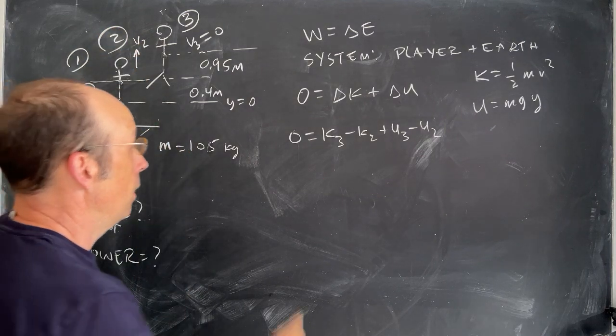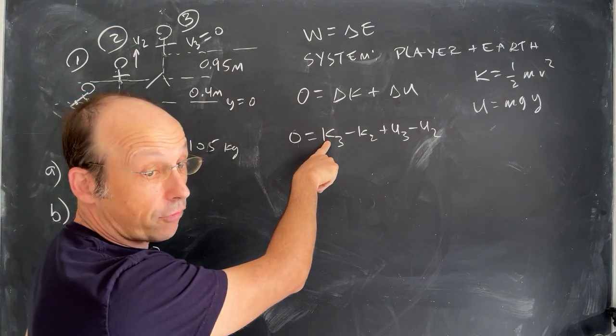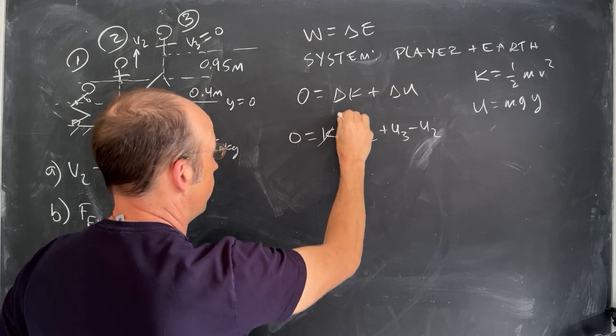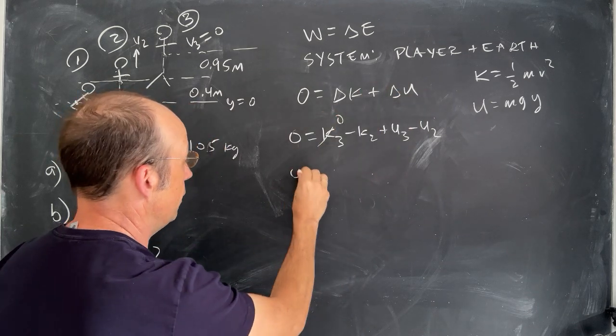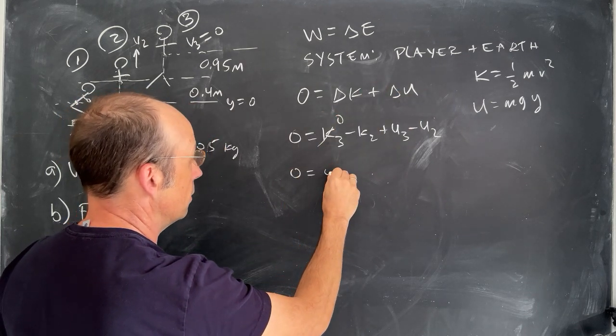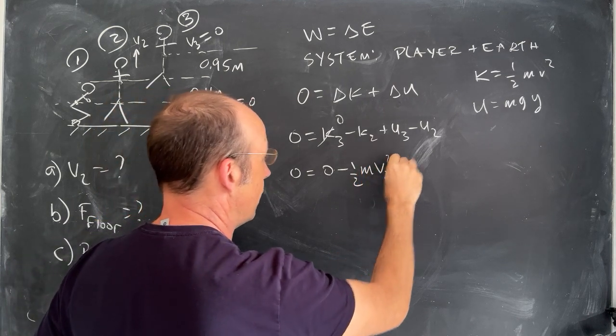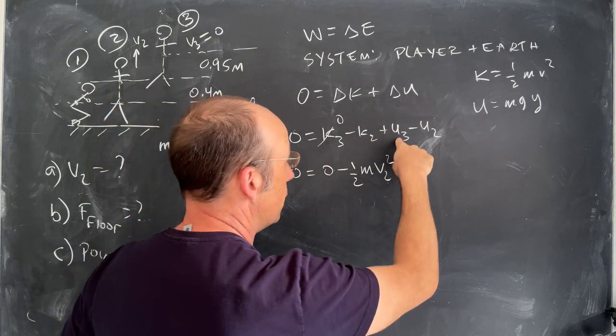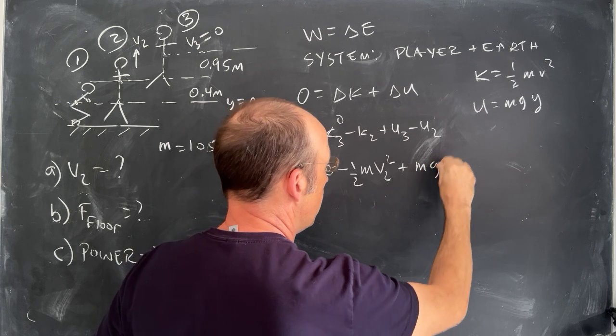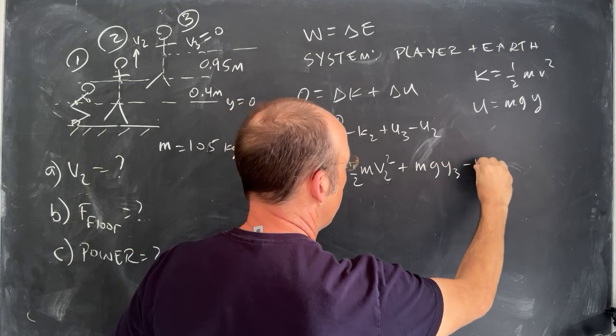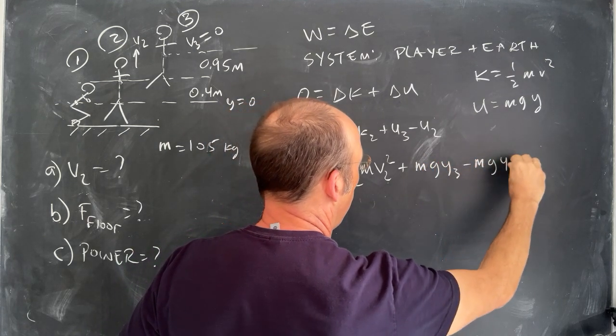Okay. I already said K3 was 0. So I have 0 equals 0 minus 1/2 m v2 squared, that's the kinetic energy at point 2, plus mg y3 minus mg y2.